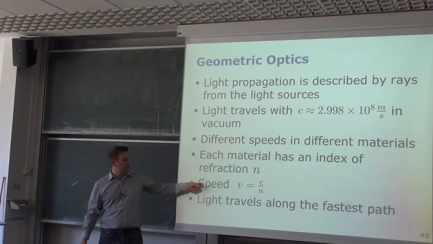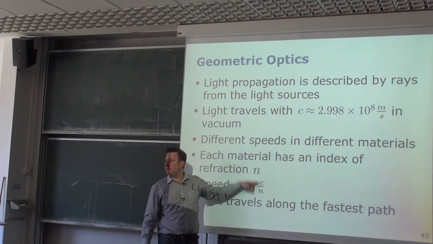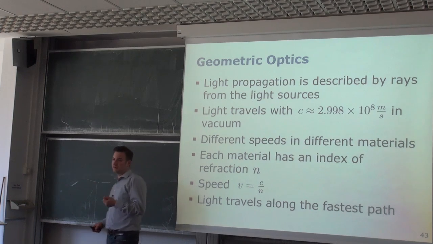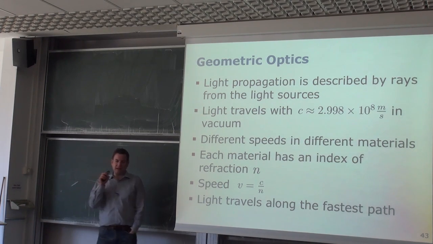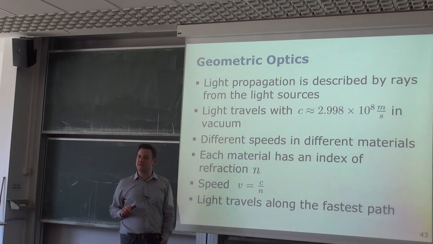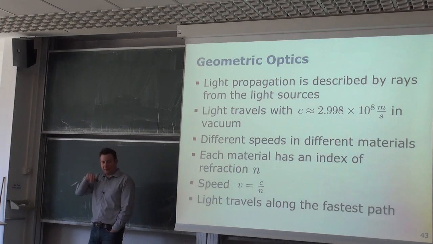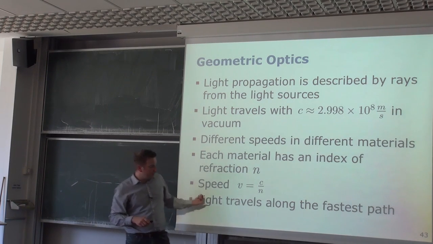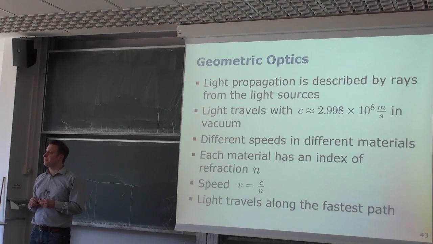Then the speed can be expressed as the speed in vacuum divided by the refraction index. And the key idea behind that is that light always travels along the fastest path. Depending on how it goes through the different materials and how the refraction is done, it follows the idea that the light takes the fastest path.